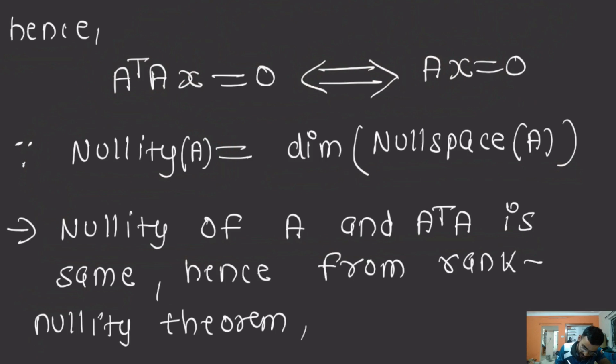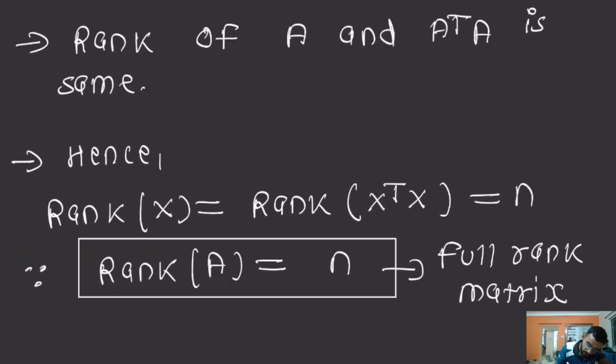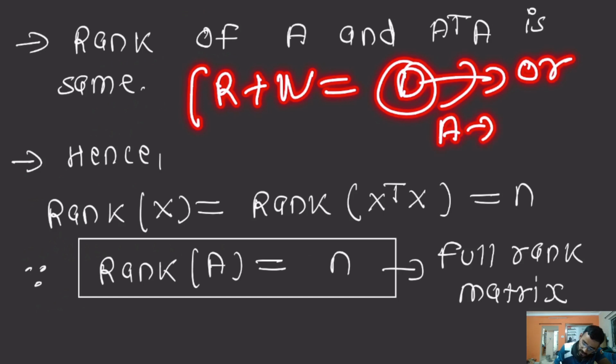Since the nullity of A and A transpose A is the same, from the rank-nullity theorem we have rank plus nullity is equal to the dimension, or the number of columns if A is a rectangular matrix.